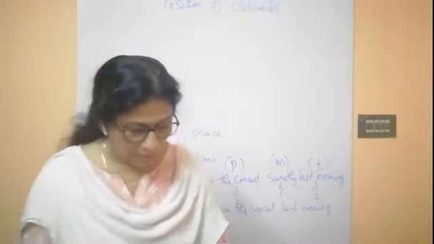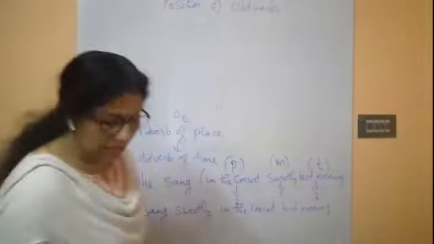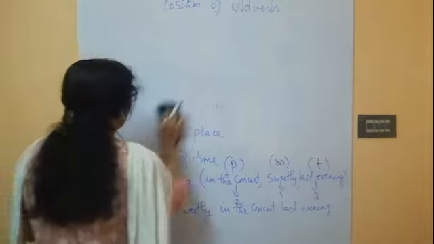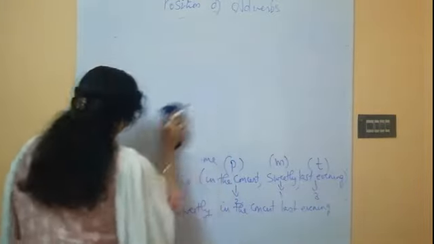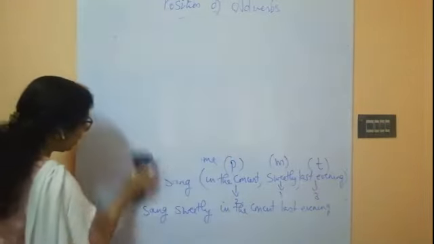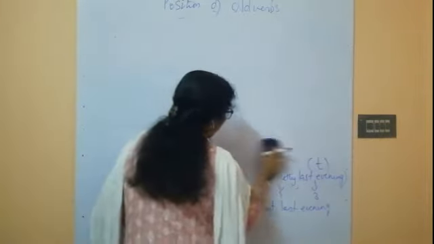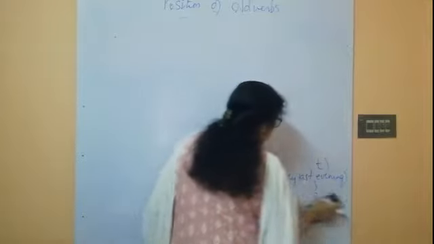The next two adverbs are fairly and rather. The speciality of fairly and rather is that both of them mean moderate. She is fairly rich to buy this house, that means moderately rich, not too much.